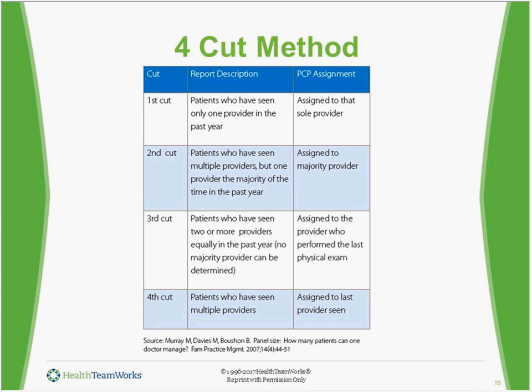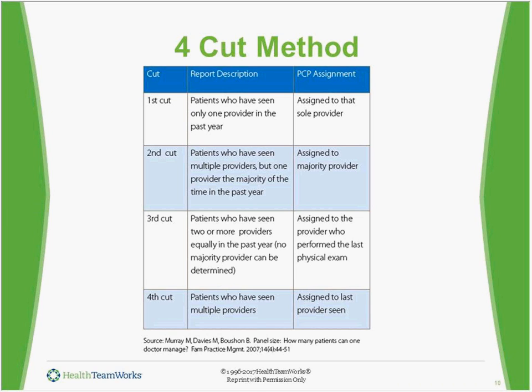If a patient has seen multiple providers through the last year and you can't use the first cut, you can go to the second cut, where a patient may have seen multiple providers, but they saw one the majority of the time in the past year. Assign the patient to the provider that they saw the majority of the time over the last 12 months. Some patients have seen two or more providers equally in the past year.